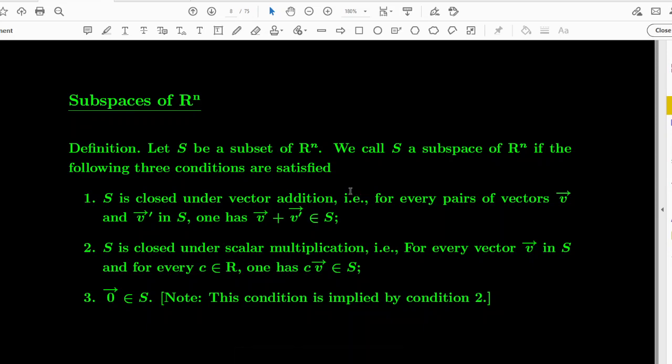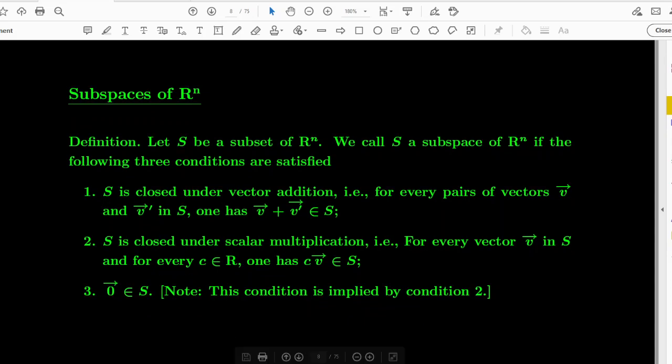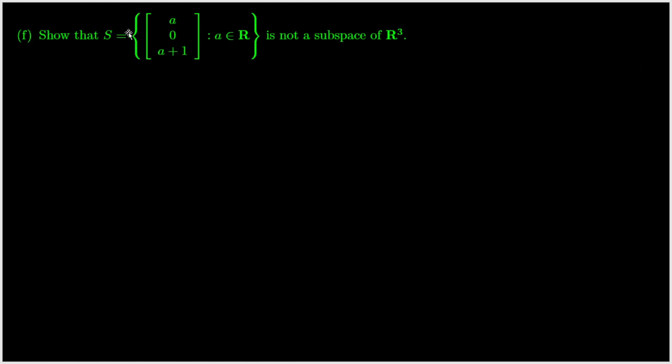In order to prove S is a subspace, you have to say all three conditions are satisfied. To say S is not a subspace, you just say not all three conditions are satisfied, which means you just say one of the three conditions is not satisfied. Anybody want to tell me, in this particular case, which one of the three conditions is not satisfied?